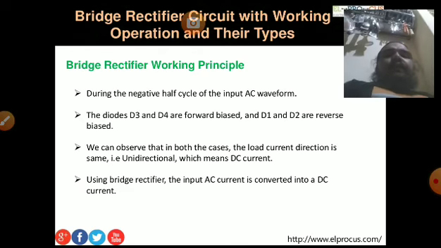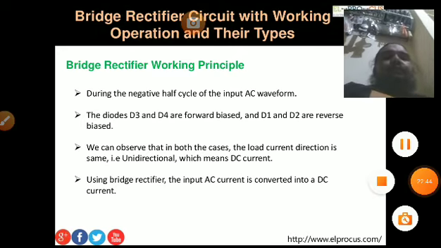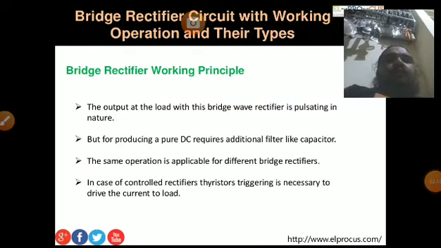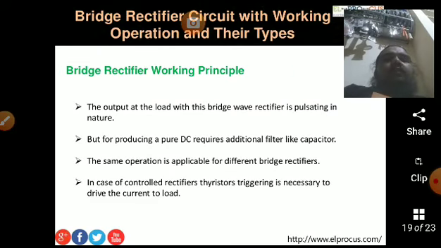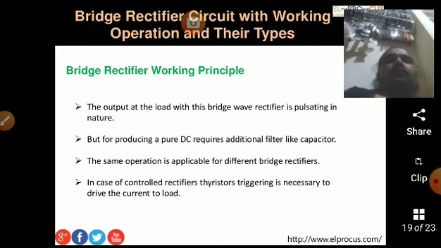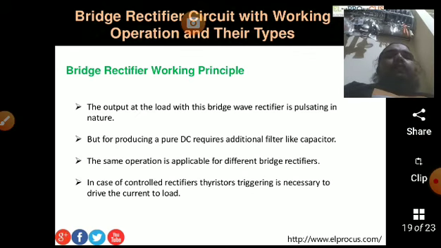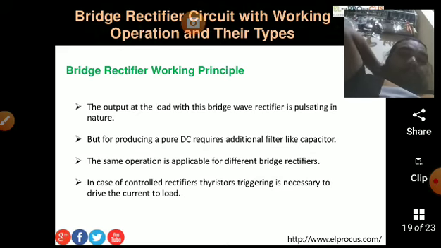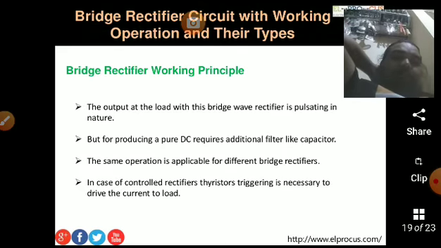Using a bridge rectifier, the input AC current is converted into DC current. The output at the load is pulsating in nature, but for producing a pure DC it requires additional filtering like capacitors.